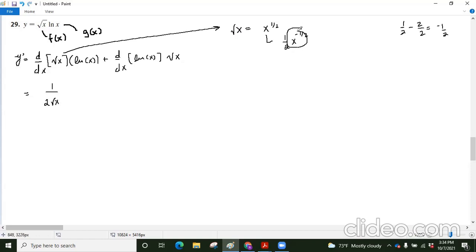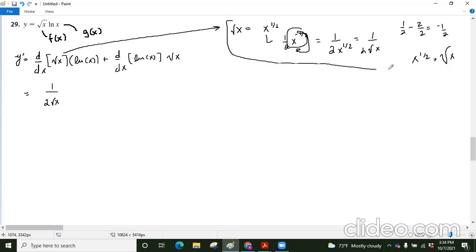And then I can bring this into the denominator. I can say this is 1/2 times x to the 1/2, and I know that x to the 1/2 is equal to square root of x. So I can say this is 1 over 2 square root of x. You can memorize that the derivative of square root of x is 1 over 2 square root of x, but you don't have to. You could always go back and use whatever we've gathered.